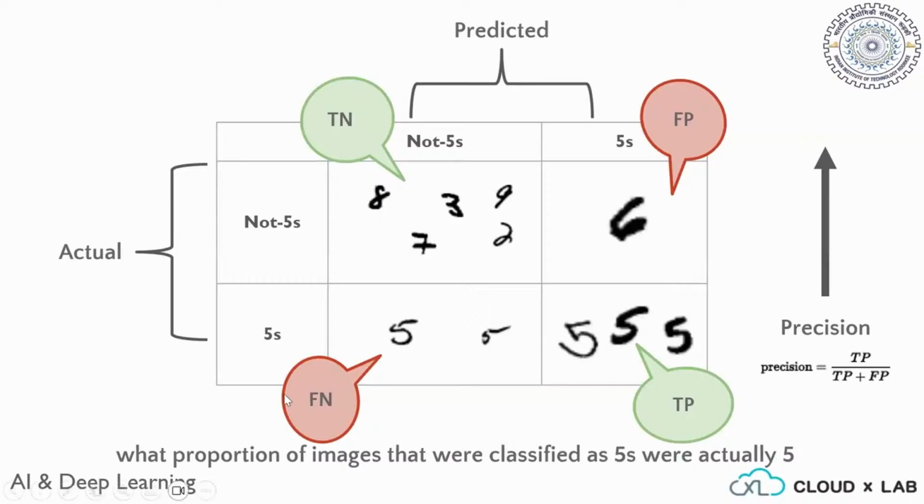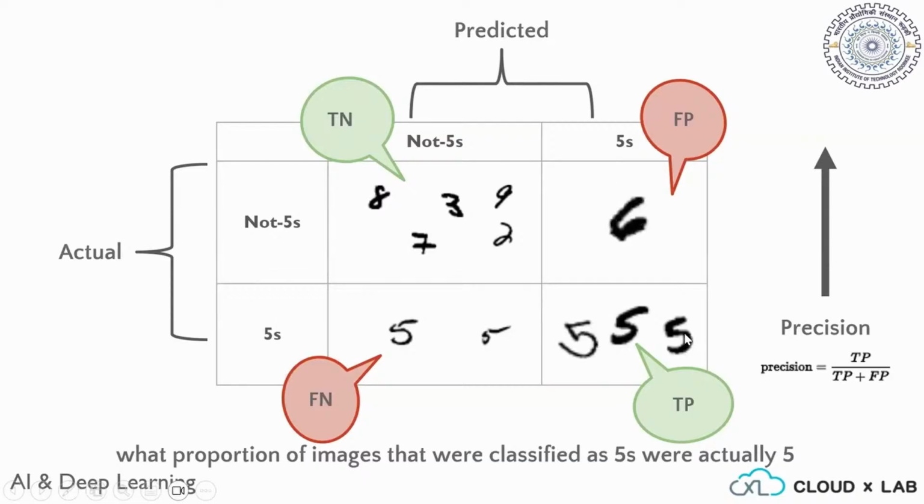Because 3 times the model is predicting yes, divided by the total number of times the model is predicting yes, right? So 3 times it is predicting the true value, 3 times it is predicting 5, divided by 3 plus 1, because in this case we only have one image.